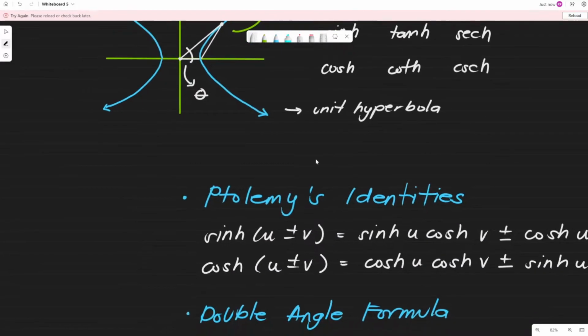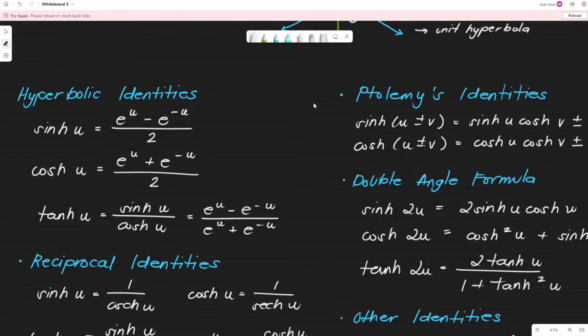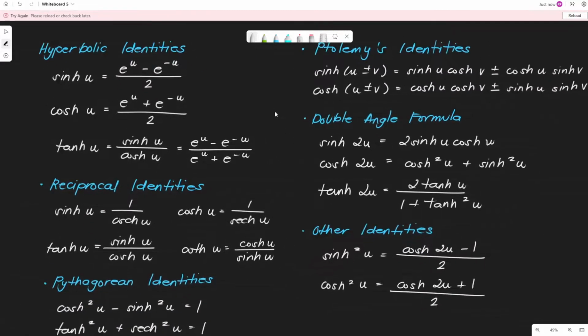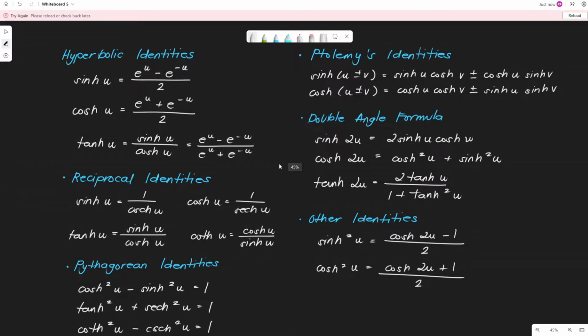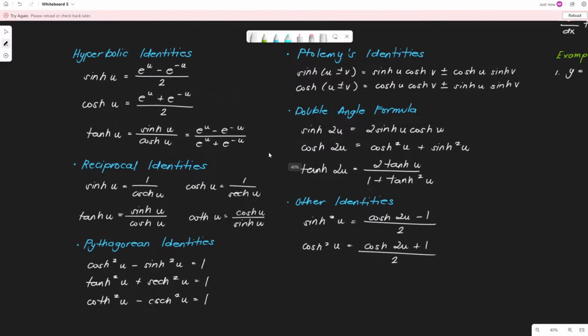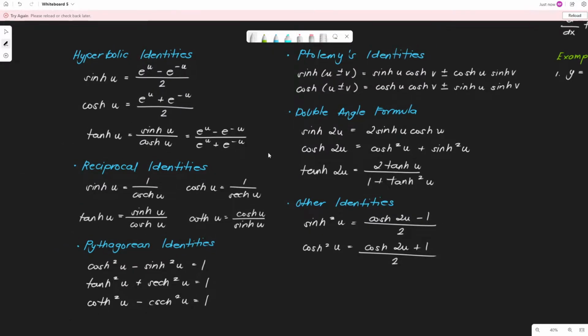Just like with trigonometric functions, we have several identities that govern the evaluation of our hyperbolic functions. These are just some. I have not included all, but these are the ones usually used. We have our definition: sinh u is equal to e^u minus e raised to negative u over 2, where e is Euler's constant.